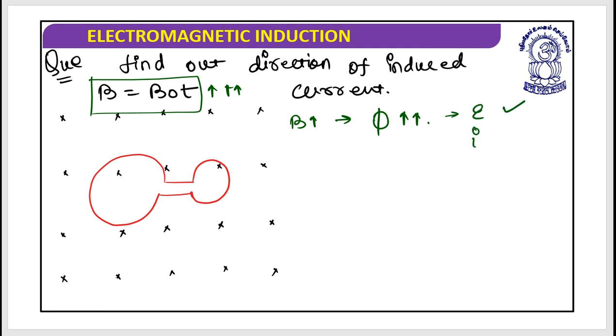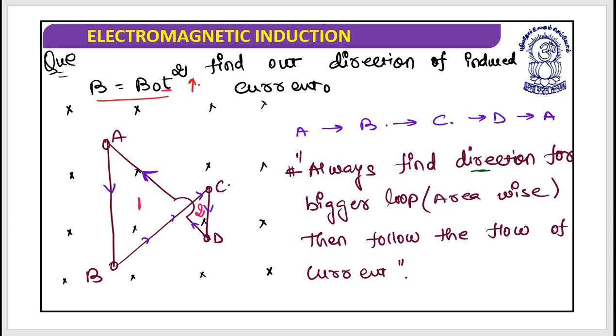If EMF is there, then current will be induced. Do you understand everything? Yes, so induced current will be there, that is for sure. Now, when two loops are there, as we have discussed, always find the direction for the bigger loop area-wise.